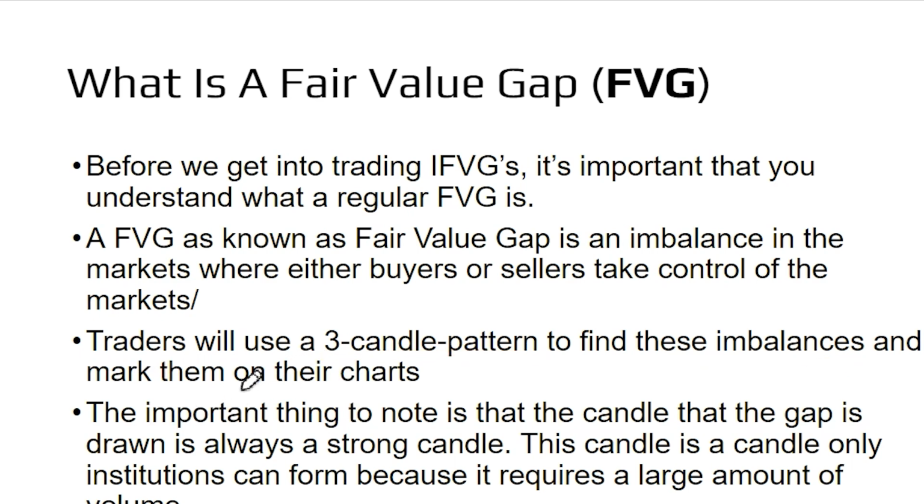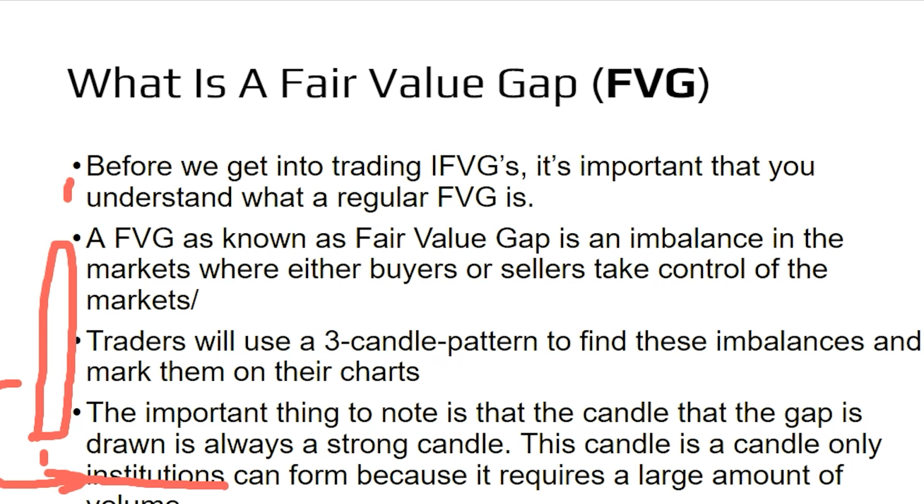So the important thing to note is that the candle that the gap is drawn is always a strong candle. This candle is only a candle that institutions can form. And the reason institutions form this is because the candle will look something like this compared to smaller candles like this leading up to it. And this is what creates the gap for us.